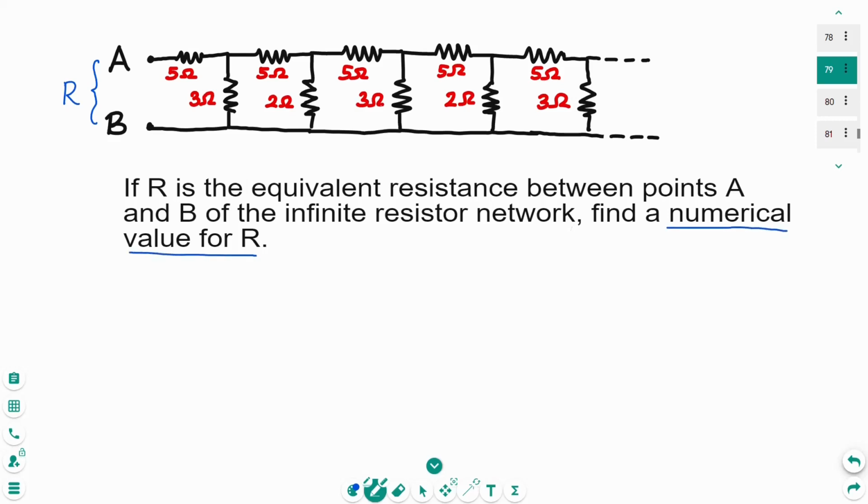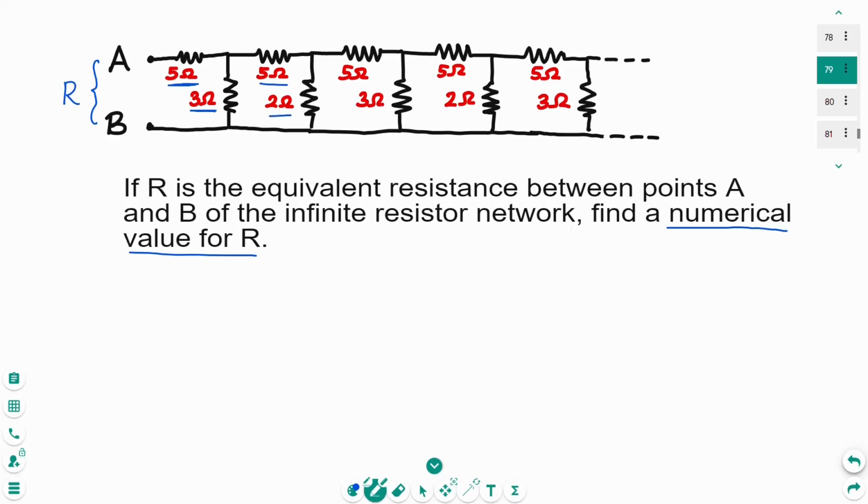That is the question. So in a problem like this, when you have an infinitely long network system, the first thing you have to do is to identify a repeating unit, the unit that repeats itself throughout the infinitely long resistor network. So here, if you look at the left hand side, you have a 5 ohm resistor, a 3 ohm resistor, and to the right of that you have another 5 ohm resistor and a 2 ohm resistor.